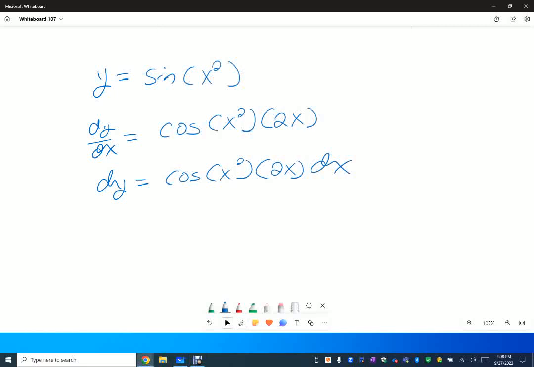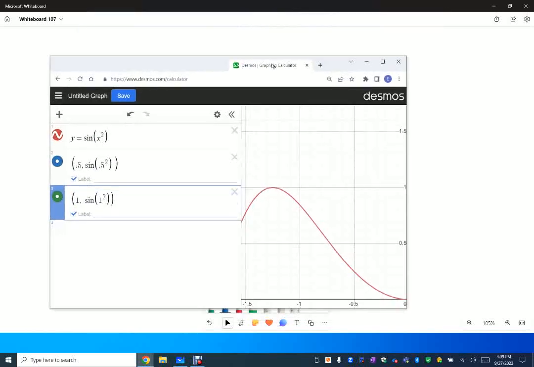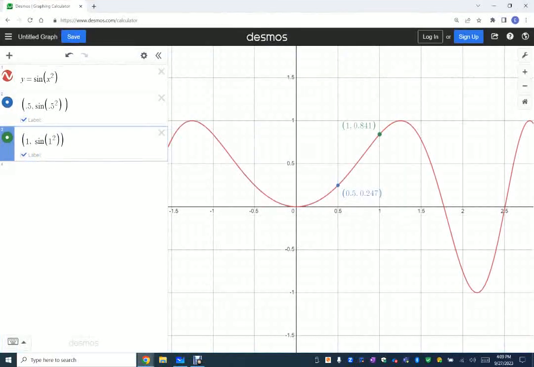So I'm going to dig in a little bit deeper into what dy and dx are and how we can utilize them. Basically, my dy and dx represent changes in value of y and changes in value of x. So I'm going to bring in a graph on Desmos here for just a second, and we're going to look at that function y equals sine of x that we had, and I'm going to look at these two points here.